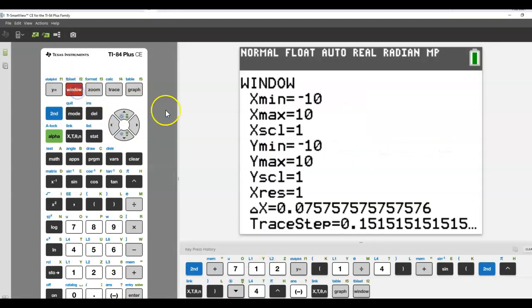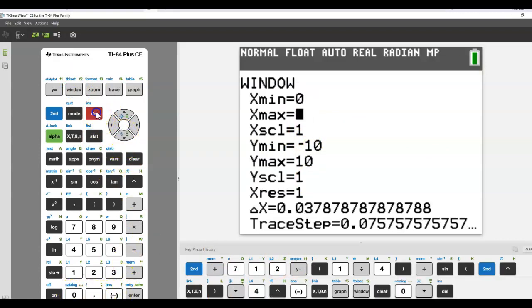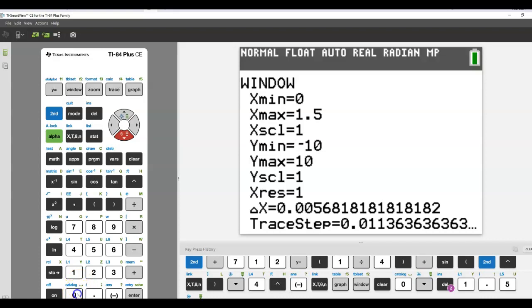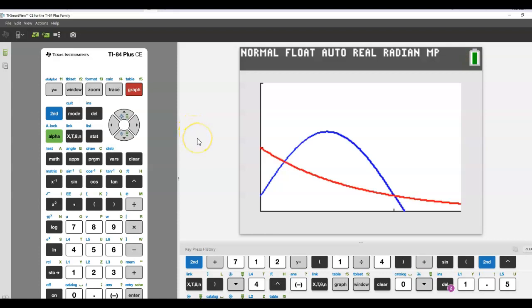So we push window. We're going to clear out what's in x there, and I'm going to go from 0 up to, we decided 1.5 would probably be sufficient. And then for the y values, we're going to go from 0 up to about 2 is what we decided. And that way we get a little bit more of a graph that looks like what we have on the paper that we're looking at.